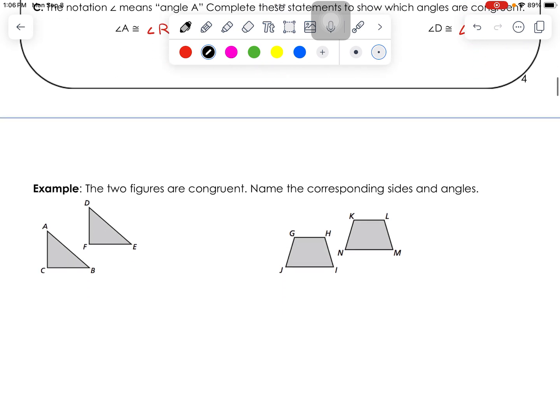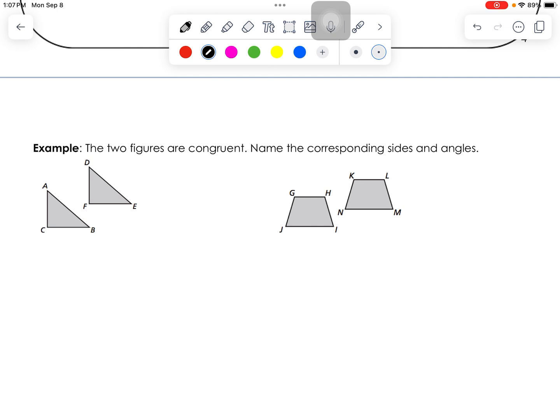All right, so let's look at a figure. Here it tells us the two figures are congruent, and we want to name the corresponding sides and angles. I'm going to start with my angles. Angle A is congruent to angle D. Angle B is congruent to angle E. And angle C is congruent to angle F. When we're looking at sides, we're going to do the same thing.